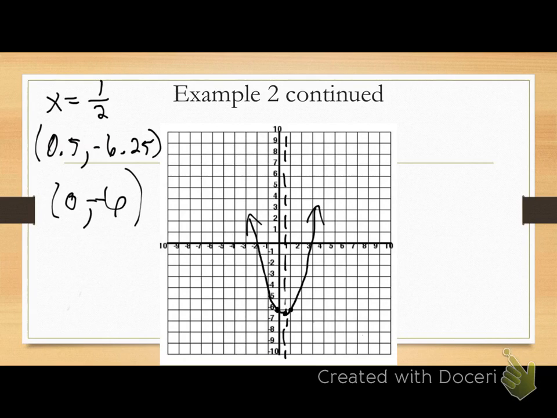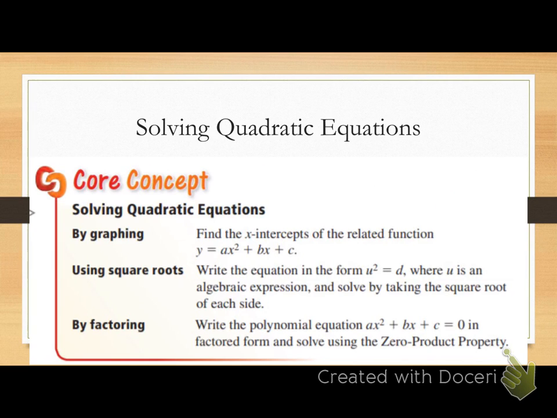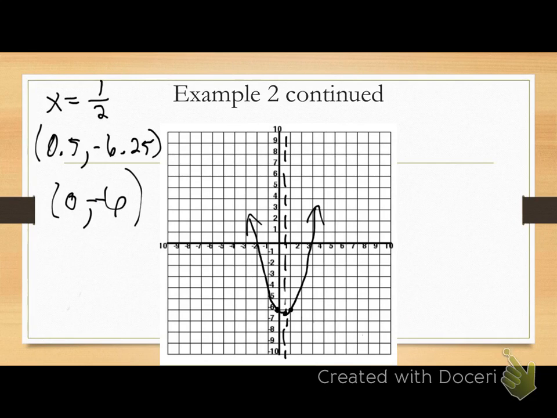Now, based on this slide over here, how do I solve by graphing? Yep, so I've graphed my parabola. Now I've got to find my x-intercepts, wherever it crosses the x-axis. Where does it cross my x-axis?